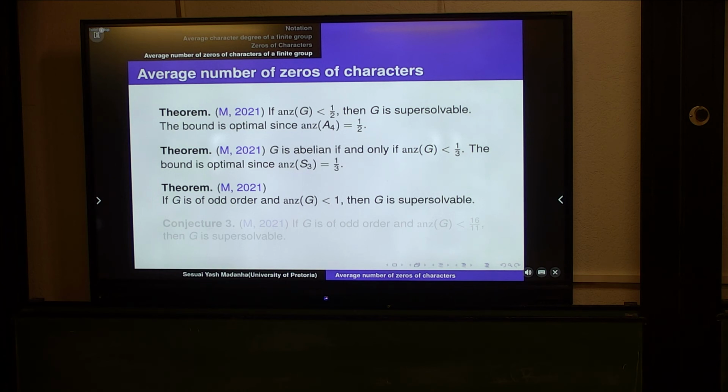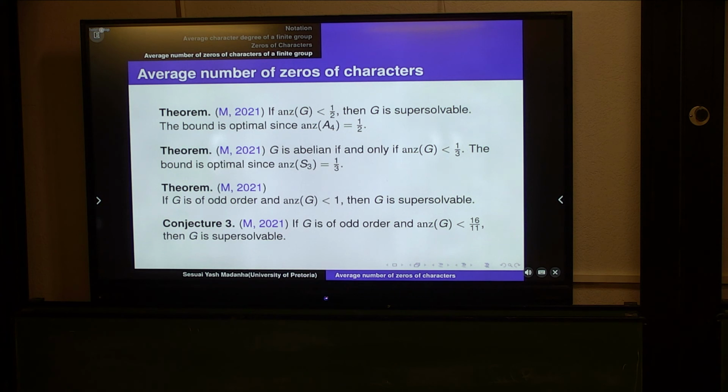But that was not the best bound. And then I said, well, it should be 16 over 11. And 16 over 11, again, is guided by the group which is optimal for average character degree. So the non-abelian group of order 75 is the one that has those properties. Right. Anyway, so that's what I did.